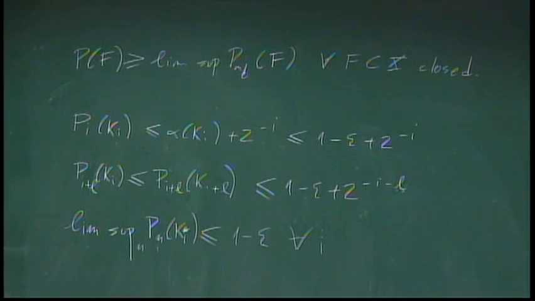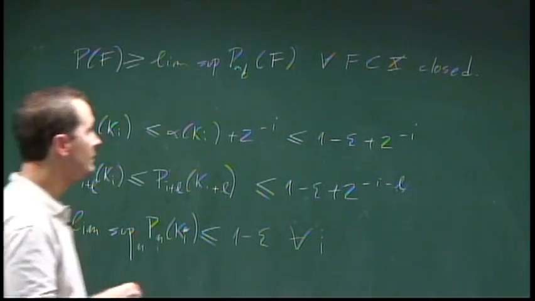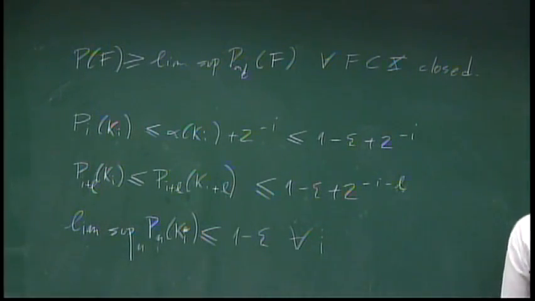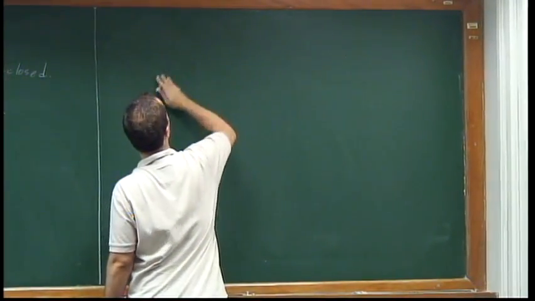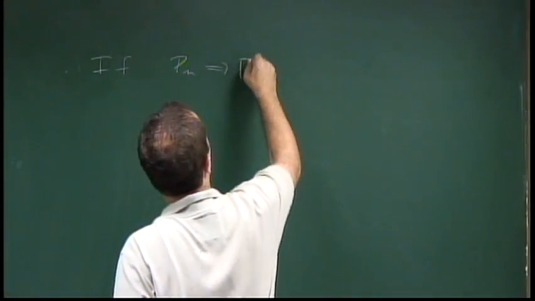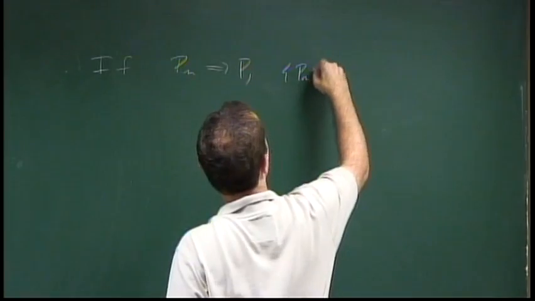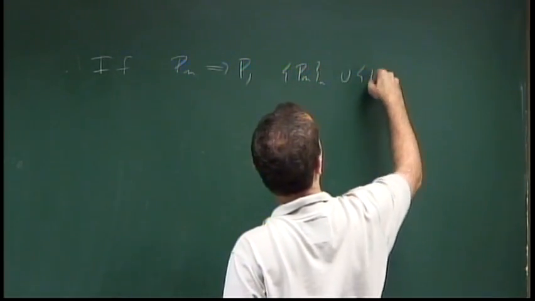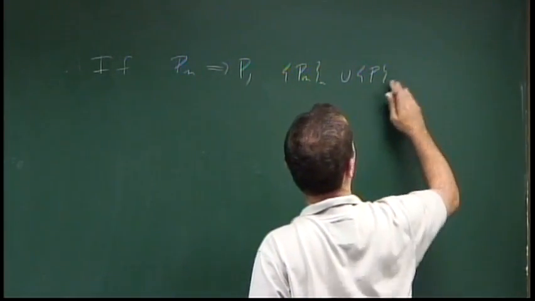Right, so I should switch back to English. Alright, so let's see. Let me start with the easy bit, which is that if you have a convergent sequence, then this union of the P_n is relatively compact.